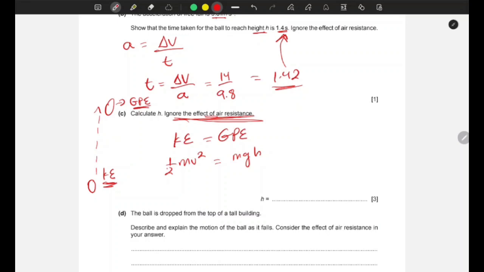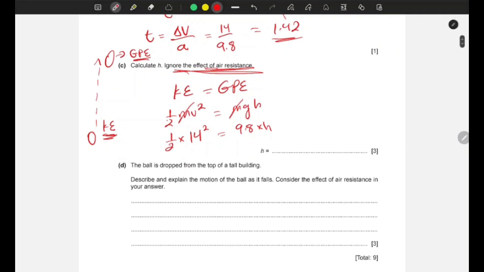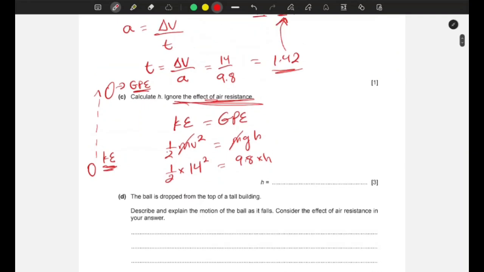We're told to find height. The mass cancels. Gravity is 9.8, so it's half times 14 squared equals 9.8 times height. 14 squared divided by 2 is 98, so 98 equals 9.8 times height.